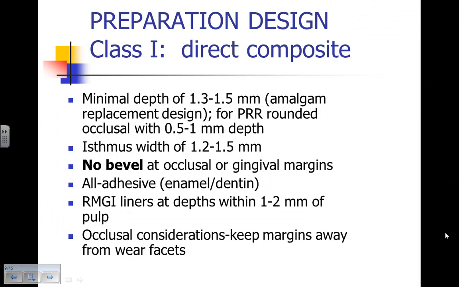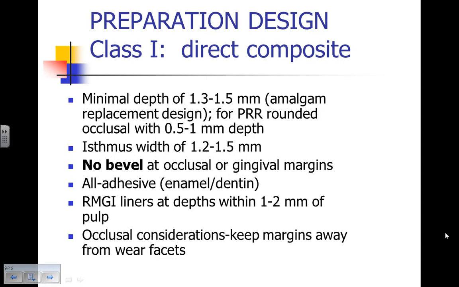Our preparation design for a Class 1 direct composite, and we're talking more of an amalgam replacement design, typically has a depth of 1.3 to 1.5 millimeters. It does not have to be into dentin for a posterior composite, as compared to an amalgam, where we want to be half a millimeter into dentin.